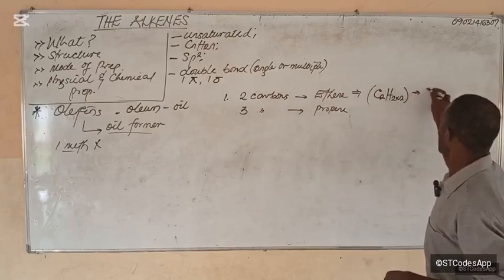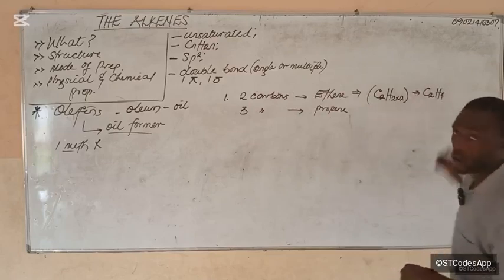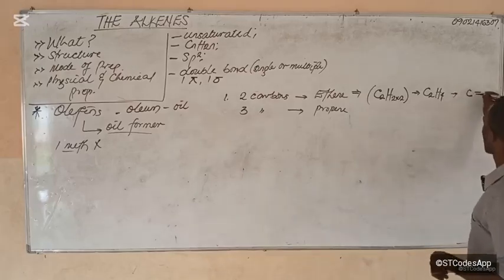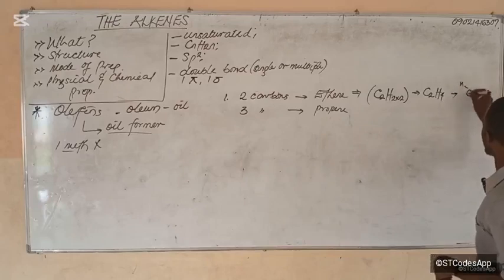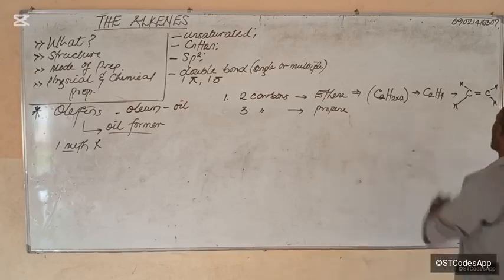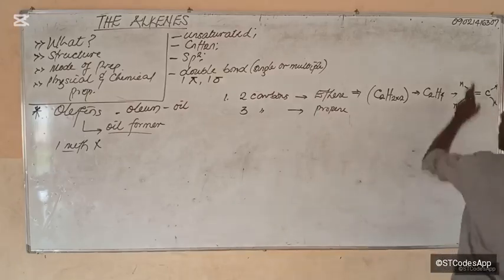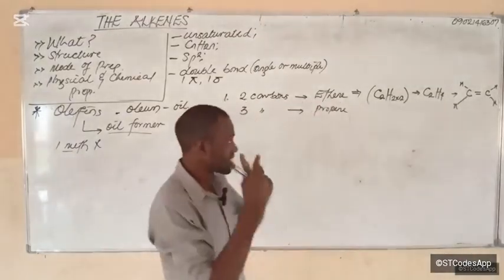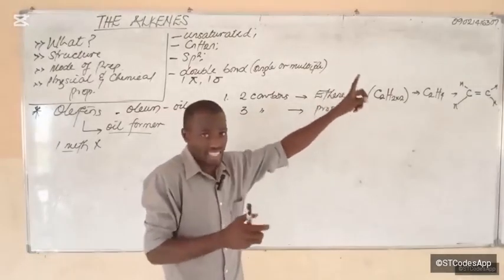That becomes C2H4. Okay. And structurally, this is drawn as C double bond C, then H, H, H, H. Now notice that these guys, the molecules attached to the carbons bearing the double bond, are attached at a particular angle. Yes.